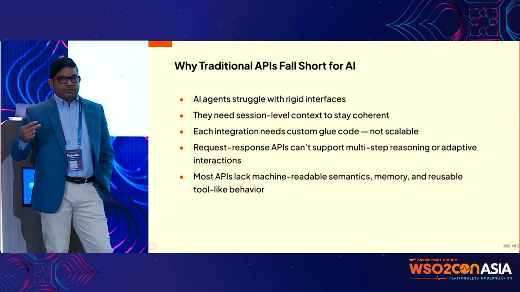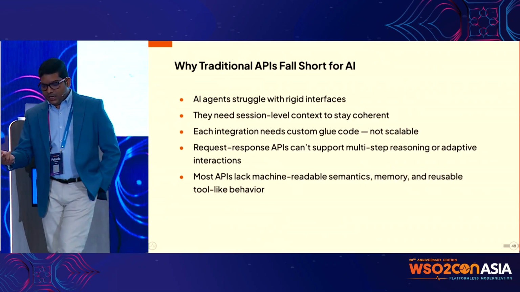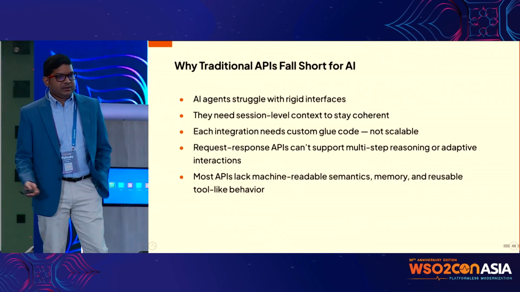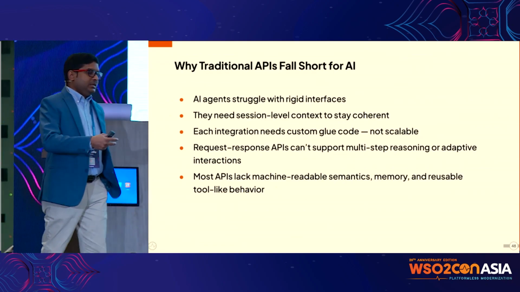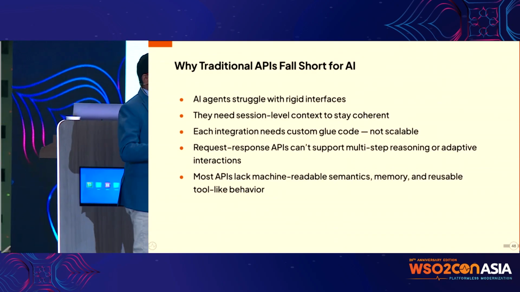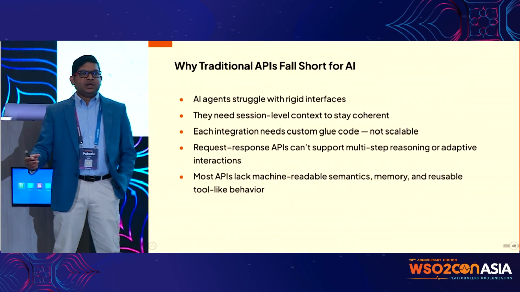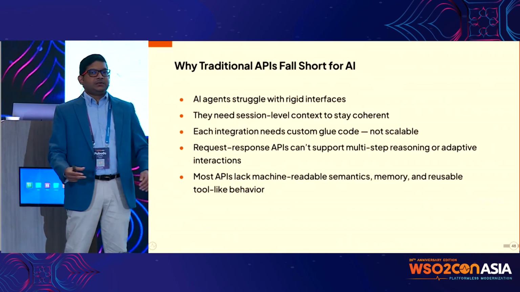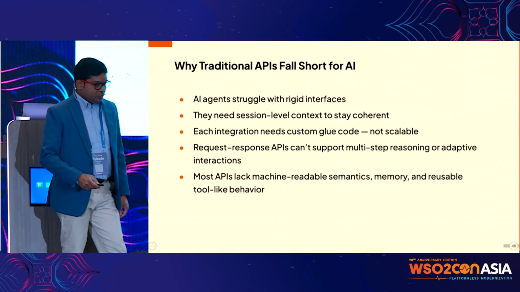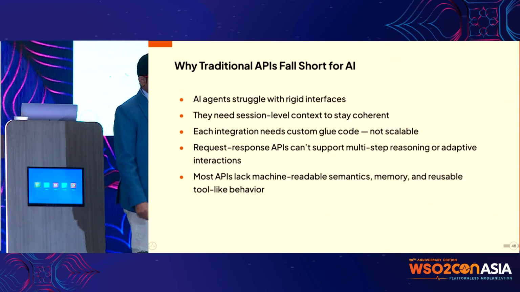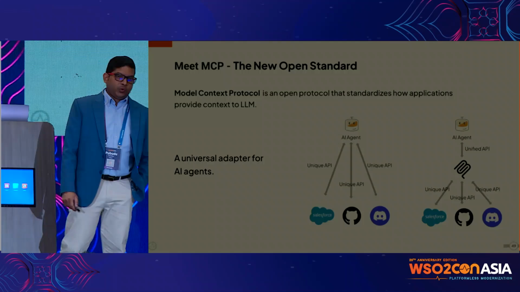And for a given scenario, if I have to use multiple APIs, you have to write this AI agent in a way where you have to code multiple times to map your APIs for this particular agent scenario. So this is why traditional APIs fall short for AI.